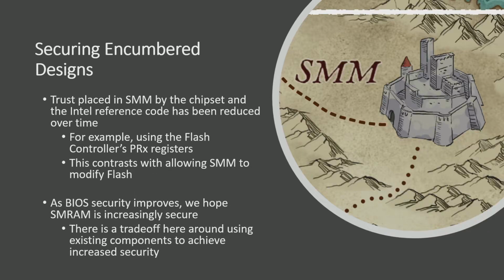These are set once during boot, and then you have to reboot to clear them again. So as you come up, you set these protection registers, and now flash can no longer be turned back on to be writable. So to do the firmware update, you have to reboot and do this early in boot, so you're not doing it at the time that the OS actually has attack surface to the SMM.